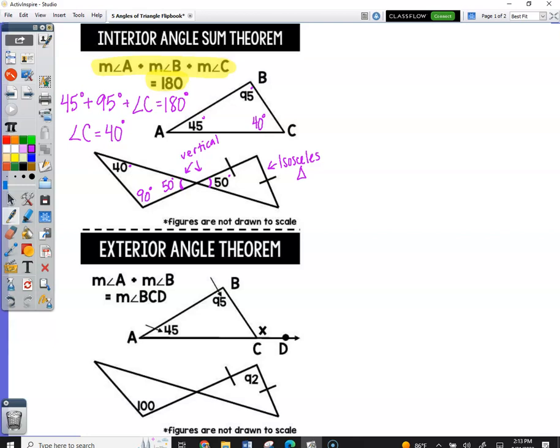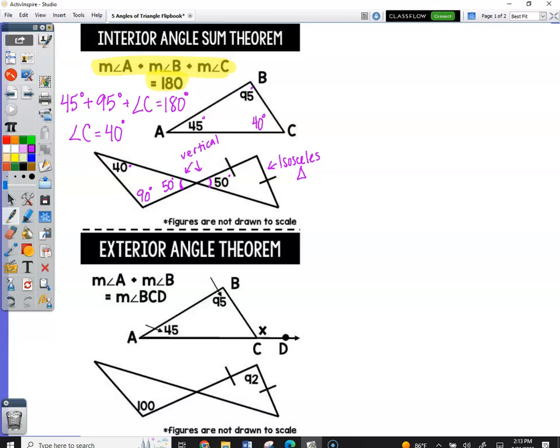So if you have a triangle with 3 congruent sides, there are 3 congruent angles, which means they measure what? No, if they summed 180, what would they measure if they're all 3 equal?